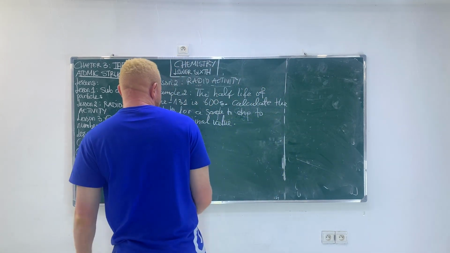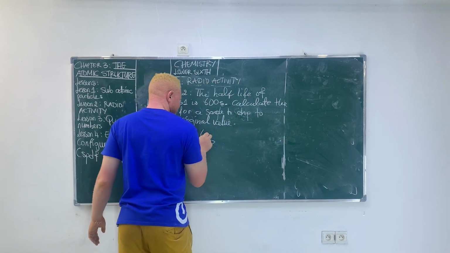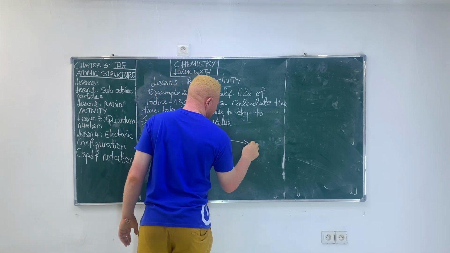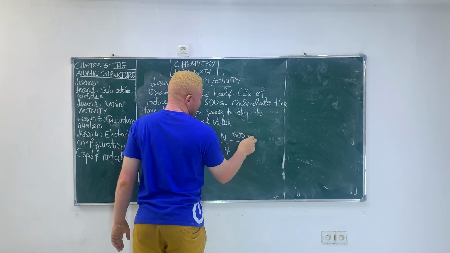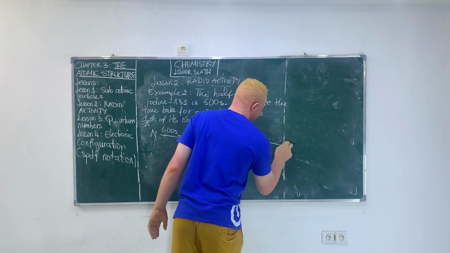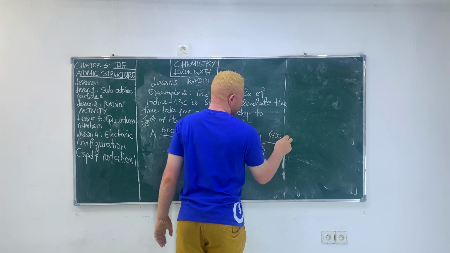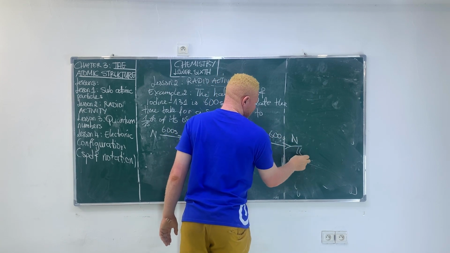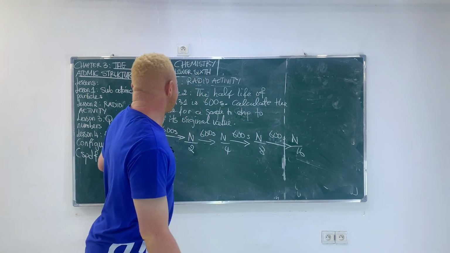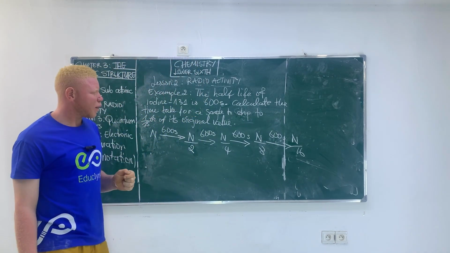After 600 seconds again, it goes to N/4. After 600 seconds, it goes to N/8. After 600 seconds, it goes to N/16. We stop here because the question tells us to stop at the level of 1/16.